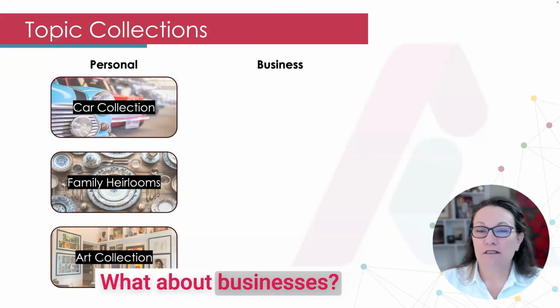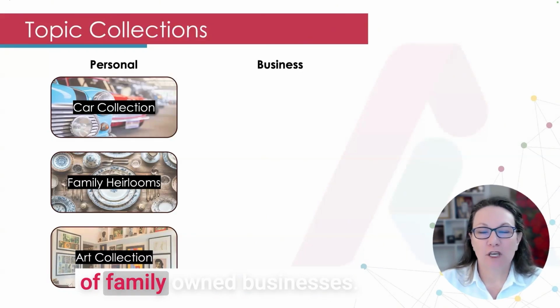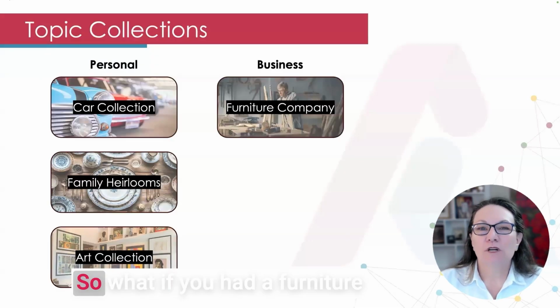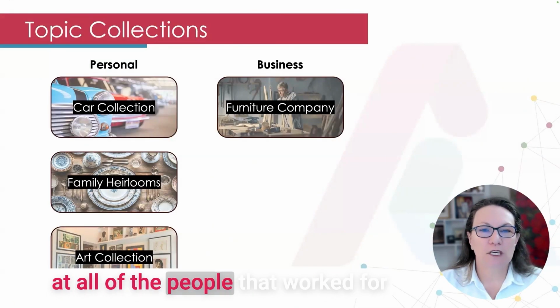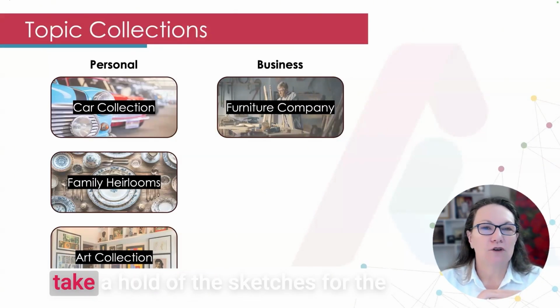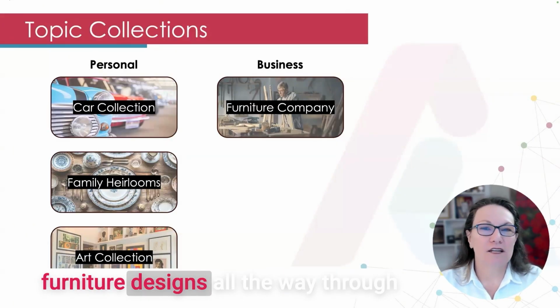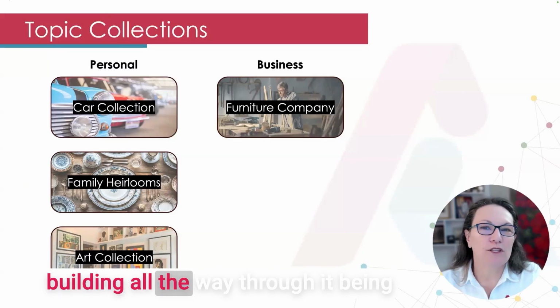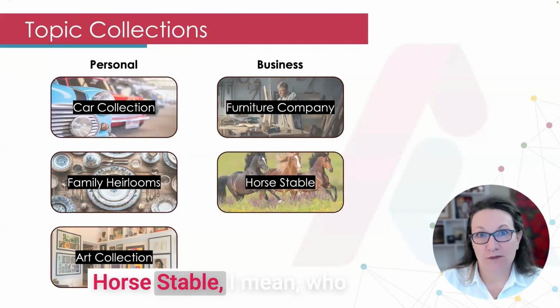What about businesses? United States is completely full of family-owned businesses. So what if you had a furniture company and you wanted to look at all of the people that worked for you, your designers, you wanted to take a hold of the sketches for the furniture designs all the way through building, all the way through it being placed in your customer's home. Horse stable.